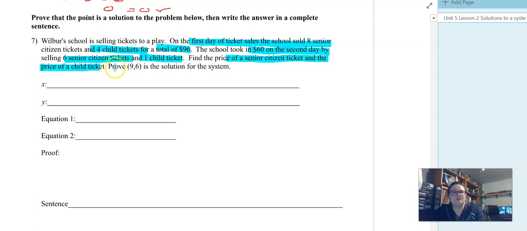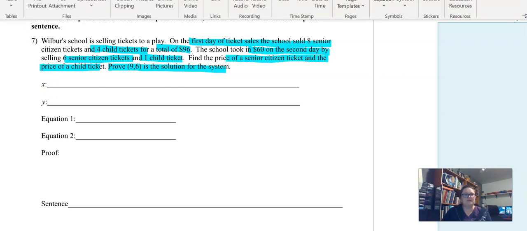And then I want you to prove that 9,6 is the solution for the system, because we haven't really talked about how to solve these yet, so I just want right now to prove it. So the first thing we have to do here is identify our variables. So what does X stand for and what does Y stand for?